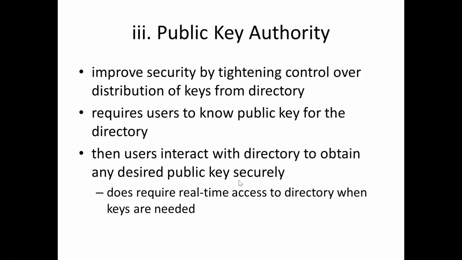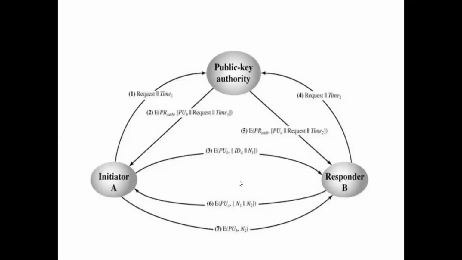We see in this diagram that the initiator wants to communicate with responder B. The initiator must know the responder's public key. How can the initiator know it? He communicates with the public key authority, which replies to the initiator.